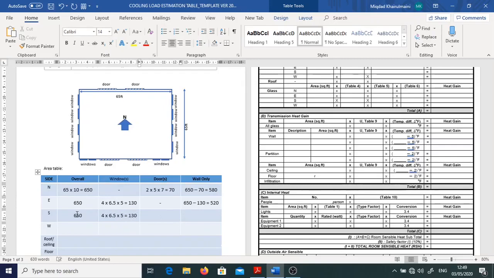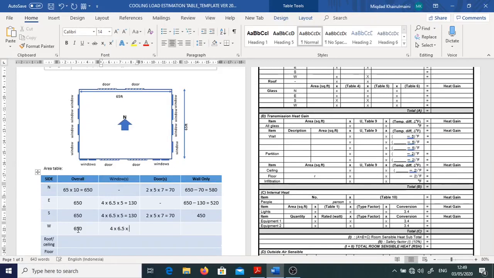There are 2 doors, each door is 5 feet wide and 7 feet high. So we can get 70 here. To calculate, we just do 650 minus 130 minus 70. So we can get 450. For the west, the overall is 650 also. There are 4 glasses, each glass is 6.5.